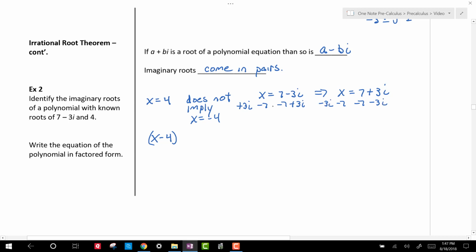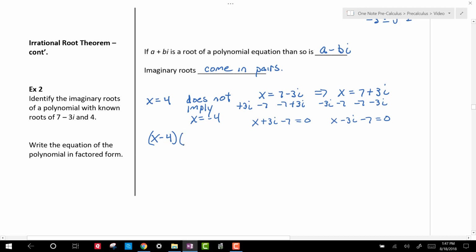So here we go. We got a lot going on here. We have x plus 3i minus 7 equal to 0. And we have x minus 3i minus 7 equal to 0. Again, the order of these guys really doesn't matter. Once you get used to doing them, you'll probably pick an order.